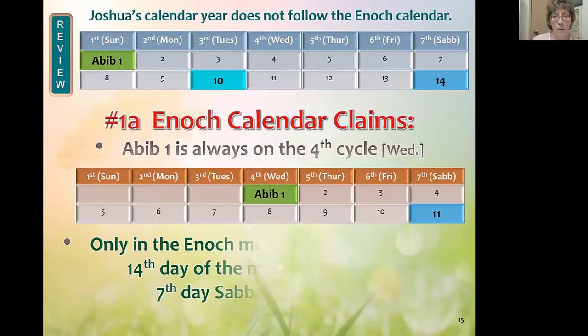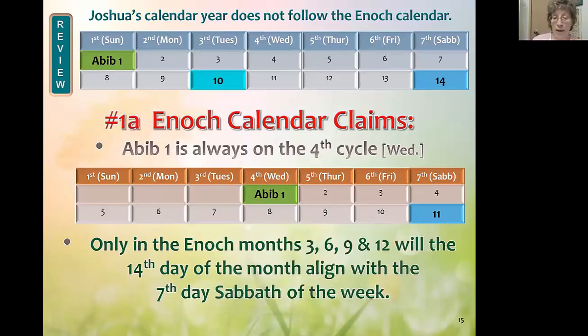And we did this last time only in the Enoch months, month number 3, number 6, month 9, and month 12. Those are the only months that you will find the 14th day of the month is coming on top of the 7th day, Sabbath of the week. But we're talking about the first month, not month 3, 6, 9, or 12.